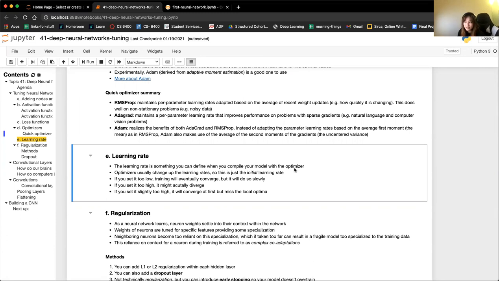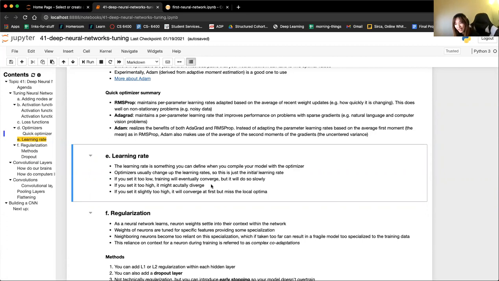But if you do decide to set your learning rate, there are some things to consider. If you set it too low, training will converge, but it'll do so slowly. Imagine a very, very low learning rate, like 0.0001. Your parameters are just going to adjust very, very slowly. You can likely optimize your neural network pretty well, but it'll take a very, very long time.